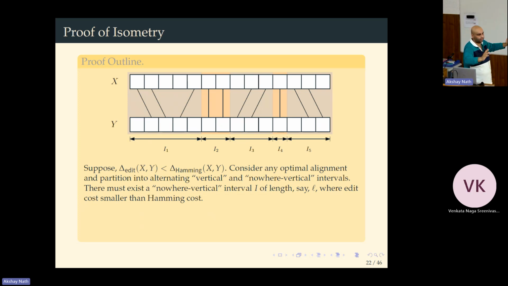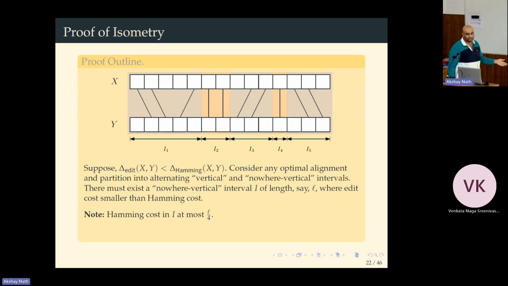So you can partition the length into these parts. Let's call them I1, I2, I3, I4, and so on. We are interested in the nowhere vertical intervals. So you have 2 consecutive intervals which are vertical, and in between, there's no vertical match at all.